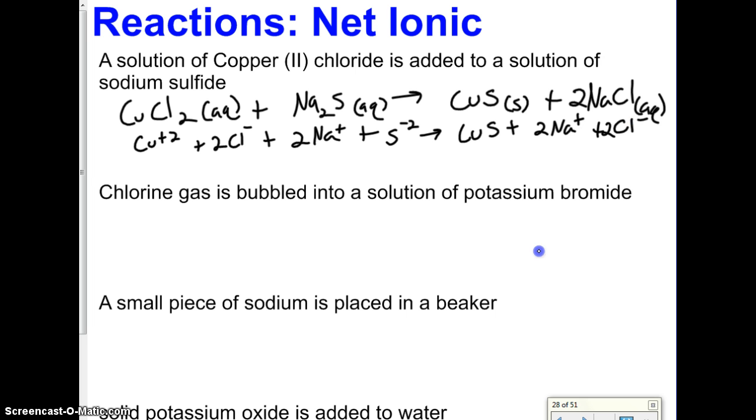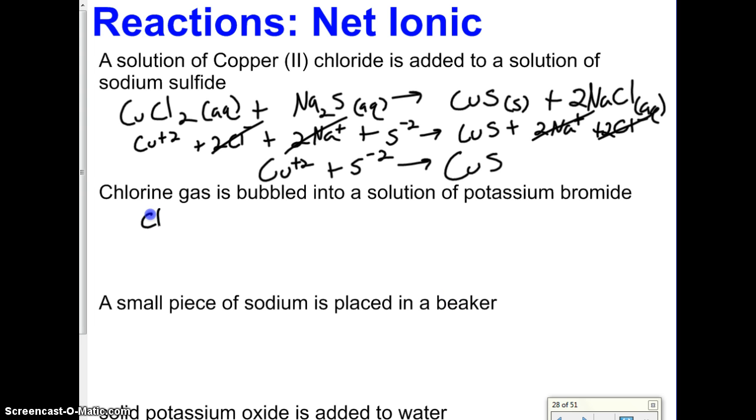So again, we only cross off what's on both sides. Well, copper I don't have on both sides. Chlorine I do, and sodium I do, but I don't with the sulfide. So my final reaction, my net ionic equation is just going to be copper plus 2, sulfur minus 2, forming copper sulfide.